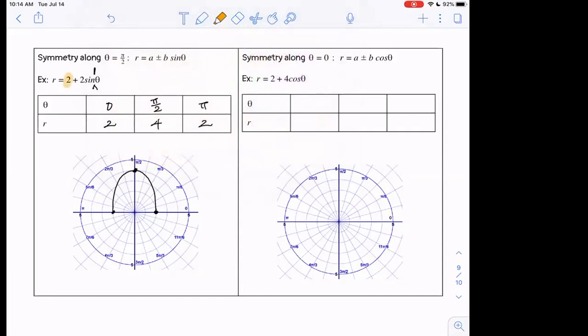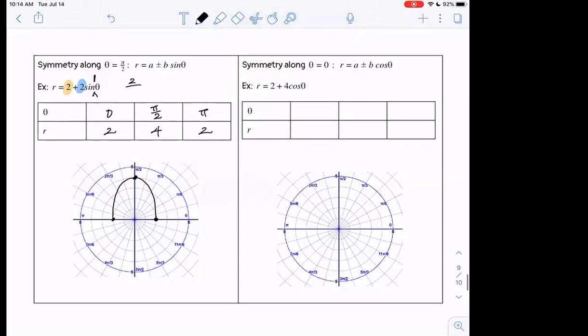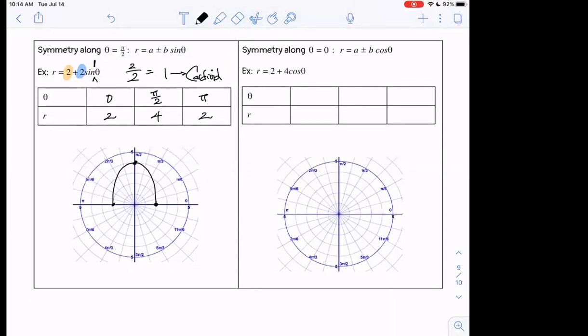Yeah, we got an A value of 2, a B value of 2, 2 divided by 2 gives you 1, which means you have a cardioid. So you can sketch the rest of the shape just by knowing it's a cardioid: you shouldn't have any inner loops, and it's not going to be a circle, so you just do something kind of like this. It's like a heart, but facing down, okay?